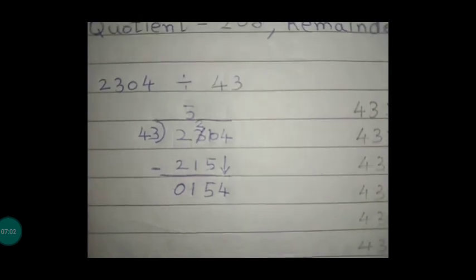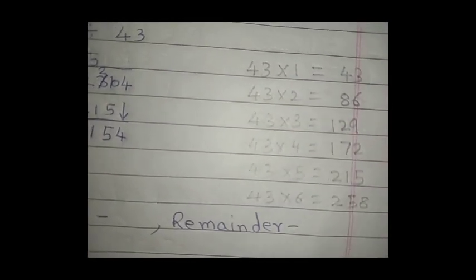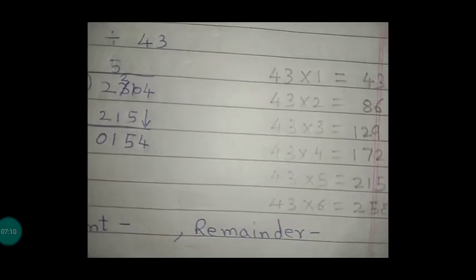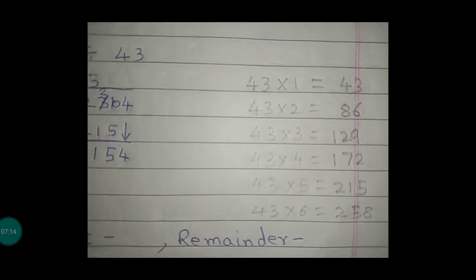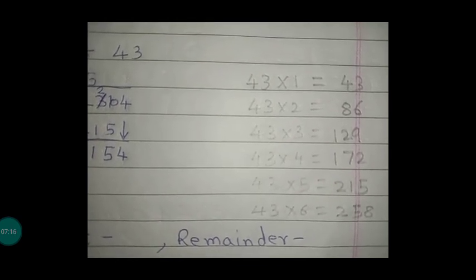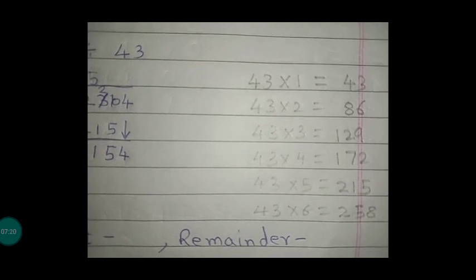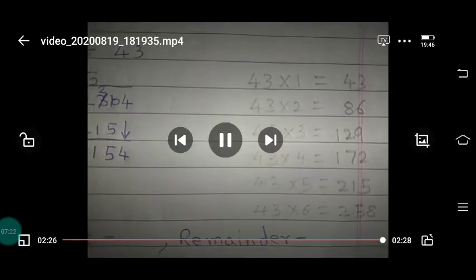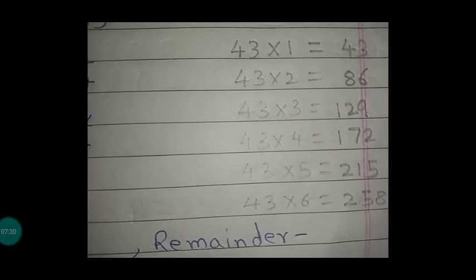Now check whether 154 is in this table. So in this table you will find 154 is not a multiple of 43.